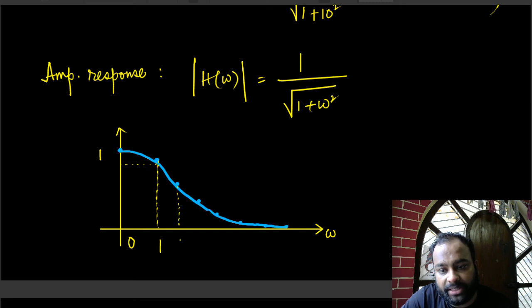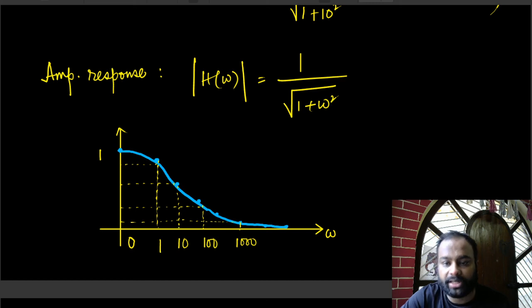When the frequency increases, say the frequency has become 10, the output signal has decreased. When the frequency increases, the amplitude of the output signal decreases, like that. As the frequency increases, the amplitude of the output signal decreases.